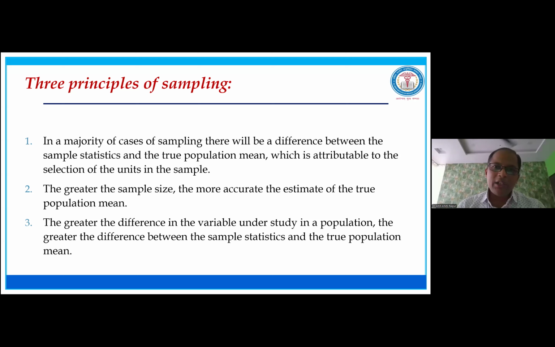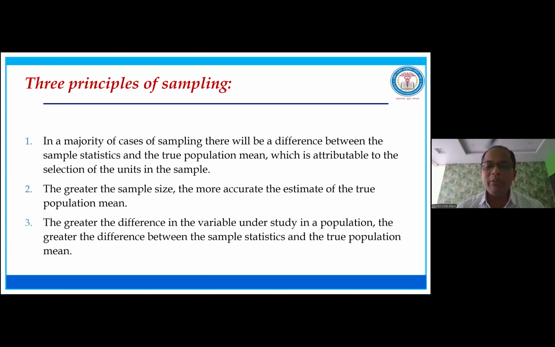The answer to this problem is the second principle, that is, the greater the sample size, the more accurate the estimate of the true population mean. If we increase the sample size, that means we are moving towards the population parameter. Now, the greater the difference in the variable under study in a population, the greater the difference between the sample statistics and population parameter. For example, suppose in a study population, the age is distributed from 18 years to 80 years.